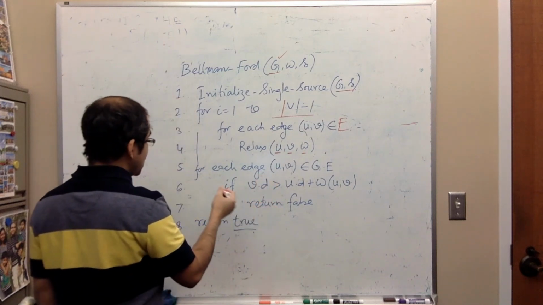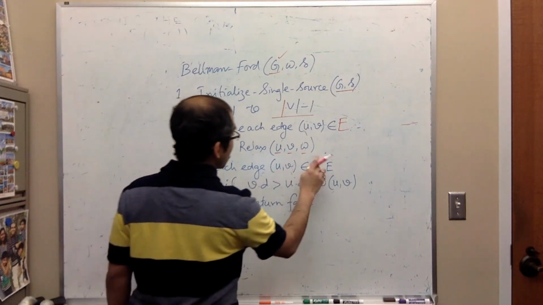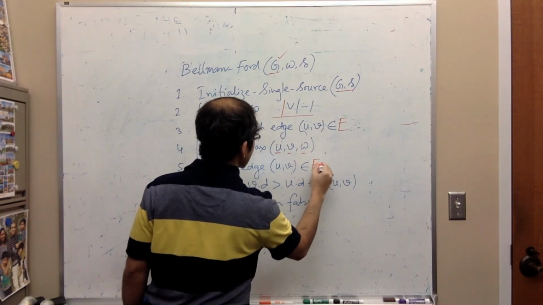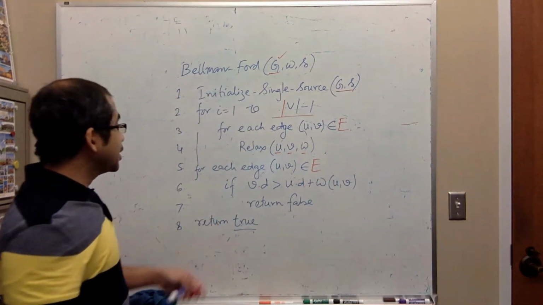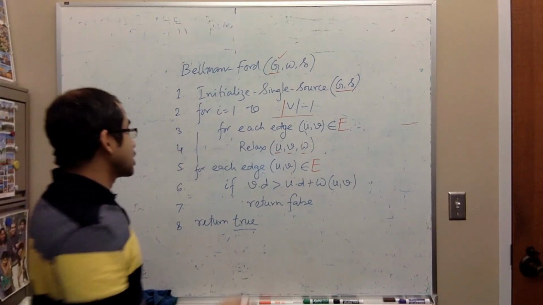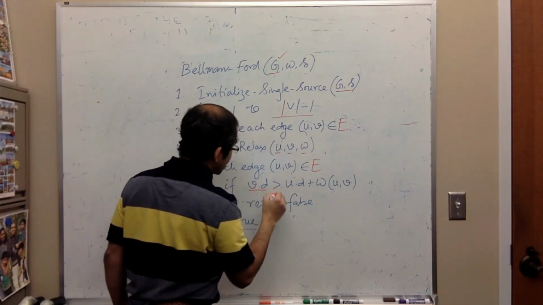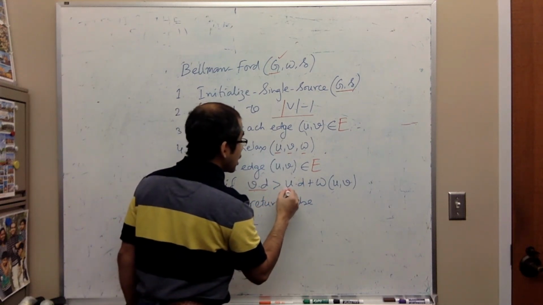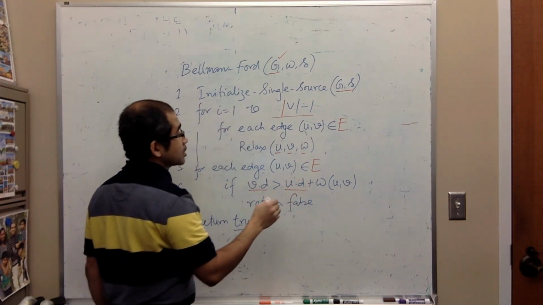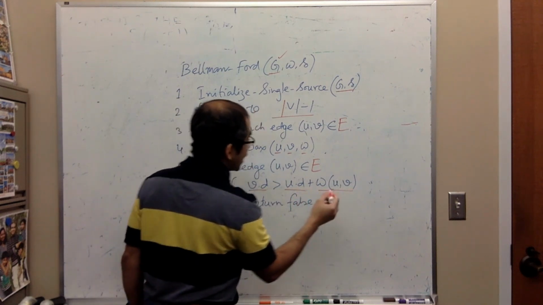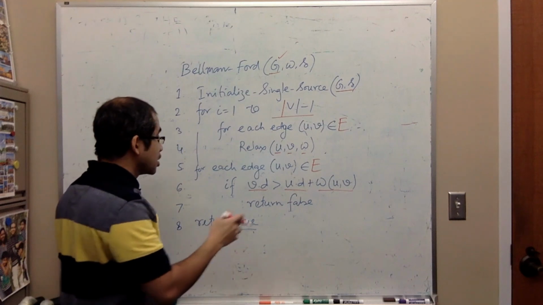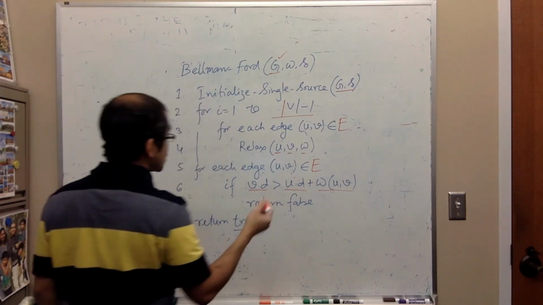Now you see, for each edge (u, v) belonging to E: if v.d is greater than u.d plus w(u, v), that means v's current distance estimate is greater than u's current distance estimate plus the edge weight connecting u and v. That is the relaxation condition, then return false. Otherwise, you just return true.